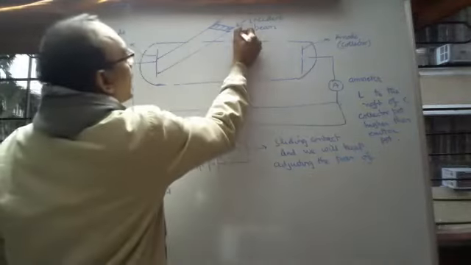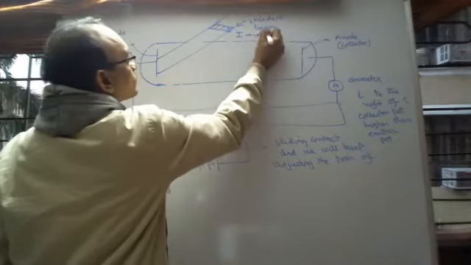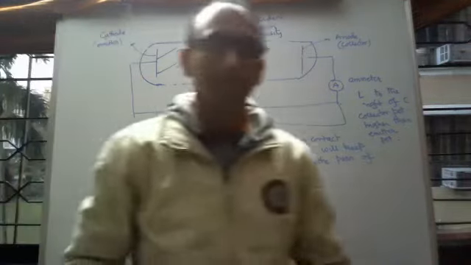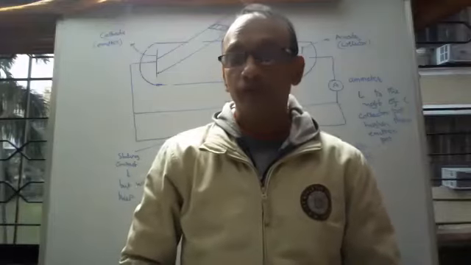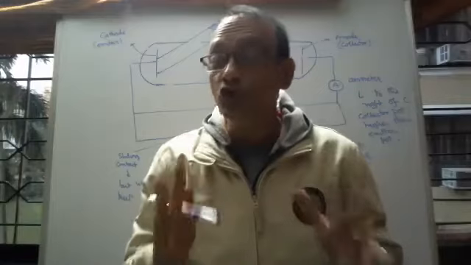And I is the intensity of this beam. More the intensity, more number of photons will fall.